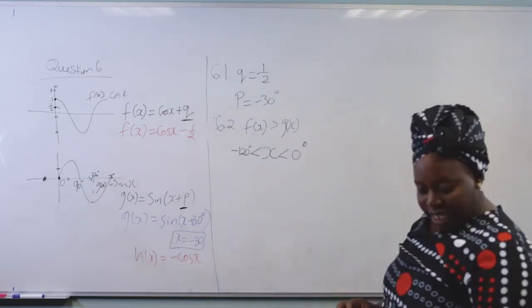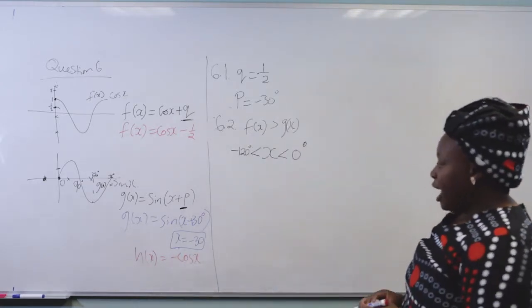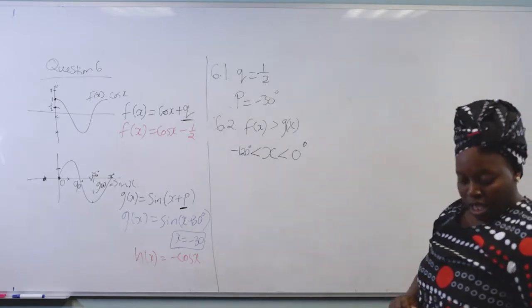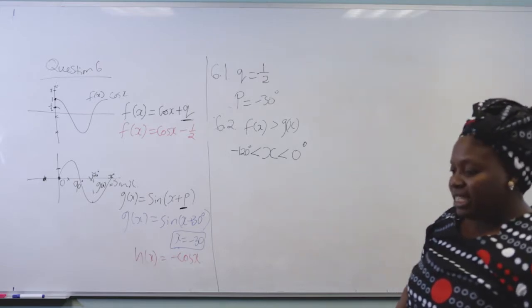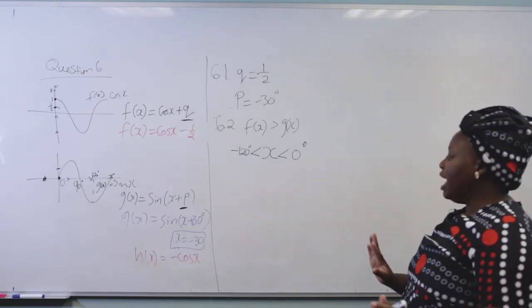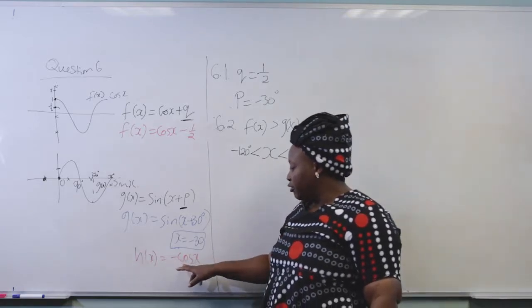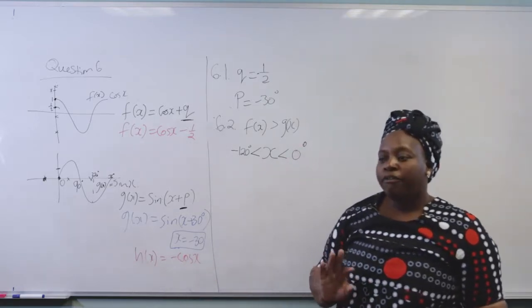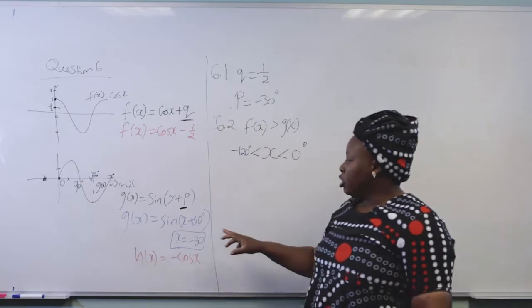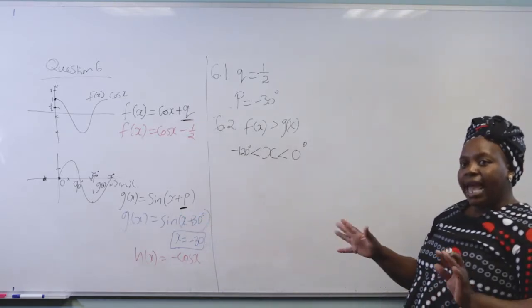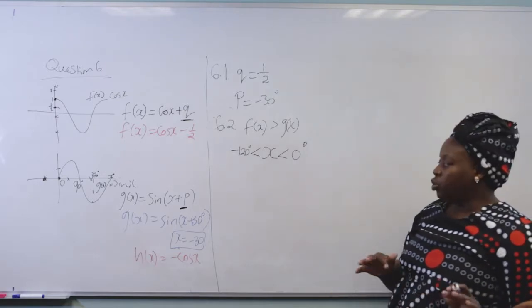Now they're asking, what is it that can happen to g of x, sine of x plus 30, to become h of x, which equals negative cos x? First of all, you will have to have 90 at some point. If that happens, then it will do what they want.